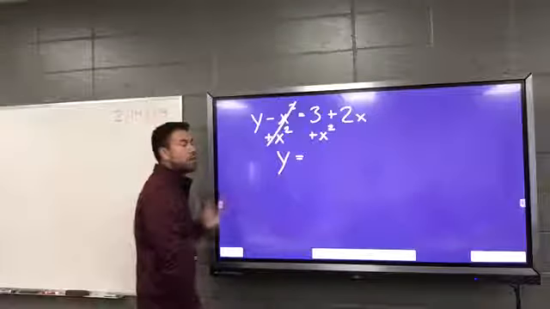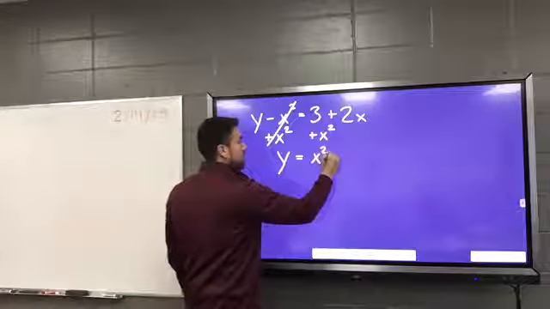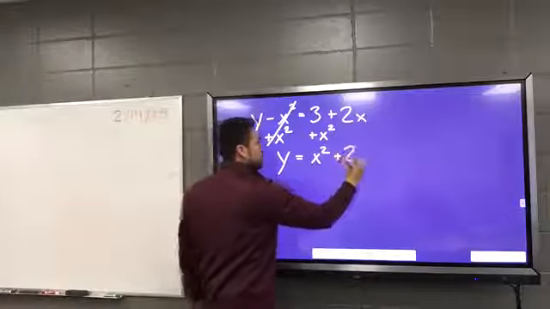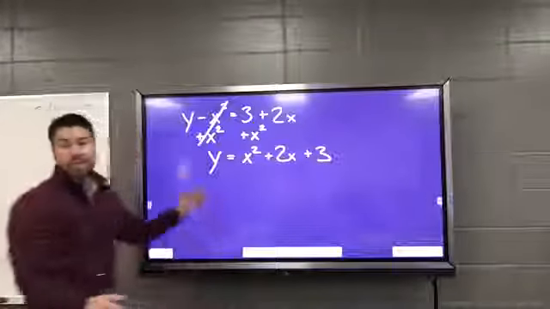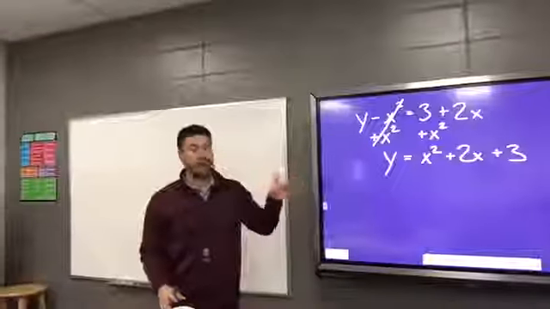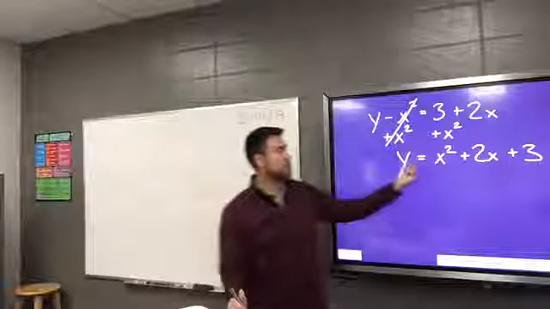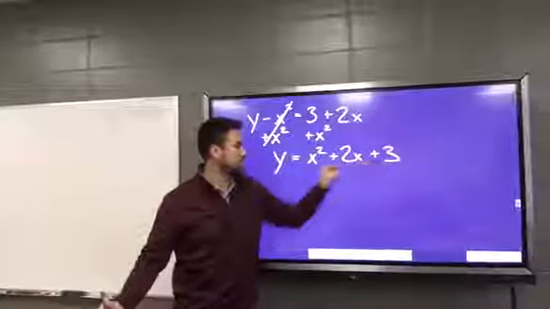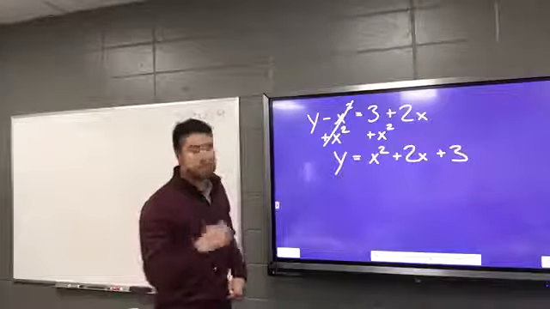Standard form, which one of these terms is going to come first? X squared. Then what comes next? Plus 2x. And then lastly, plus 3. You need to be careful and you need to be good at writing in standard form, because you'll see things a lot better.